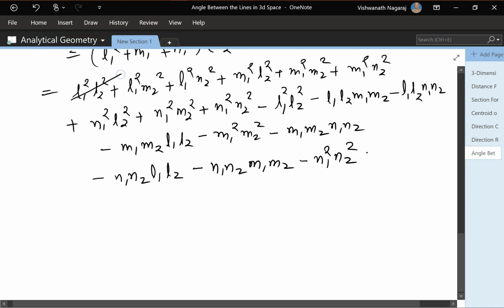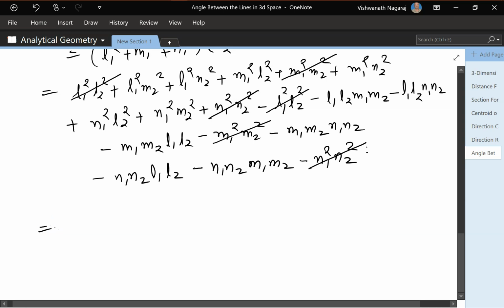Now l1 square l2 square, m1 square m2 square and n1 square n2 square cancel out.